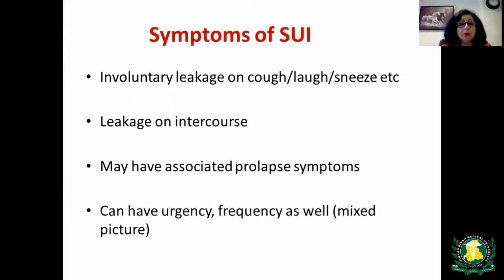So it is very important to explore other symptoms, which are mainly urgency, which is the unavoidable desire to go, or frequency as well. Because sometimes women give you a completely mixed picture where you are unable to identify whether it is stress urinary incontinence or overactive bladder.